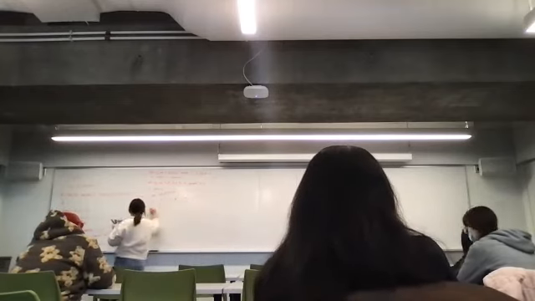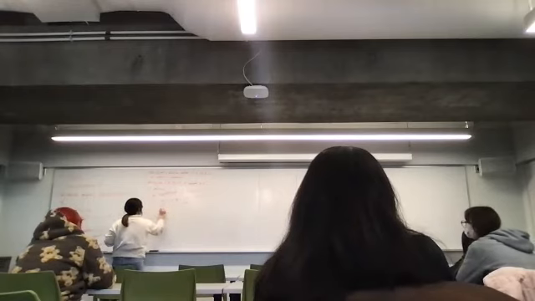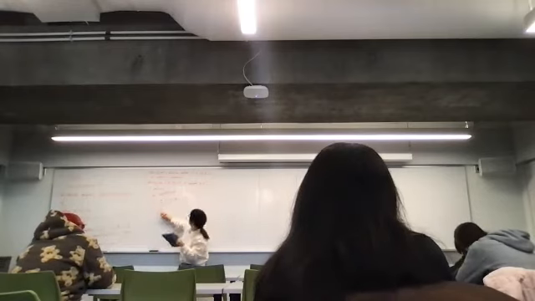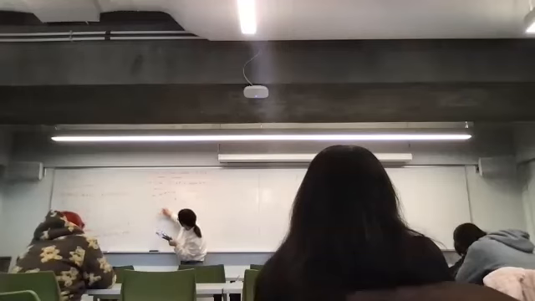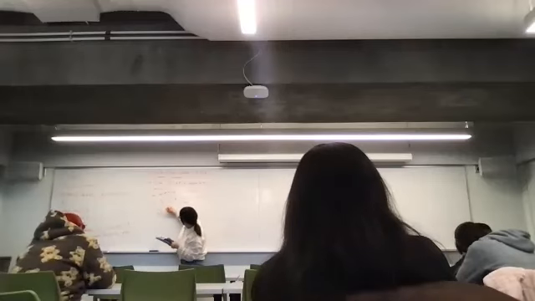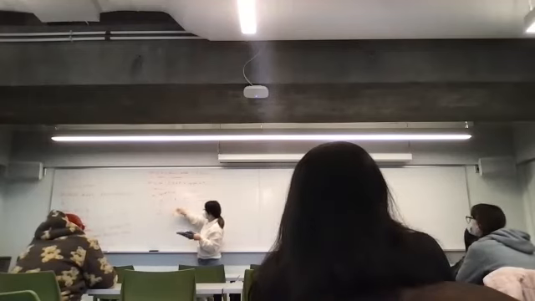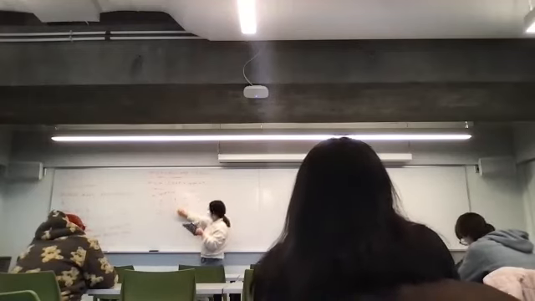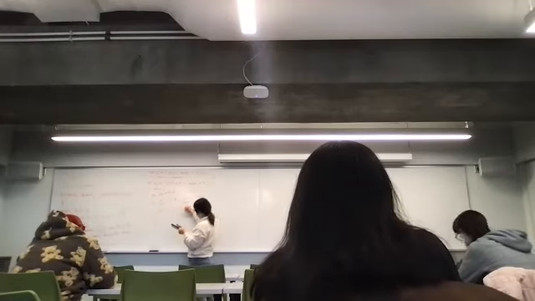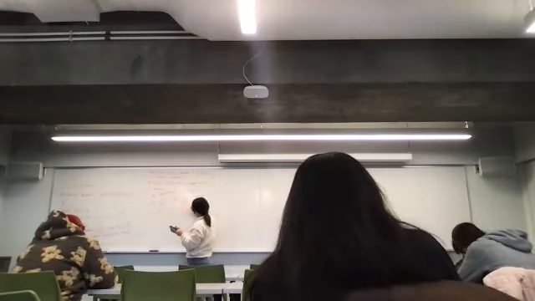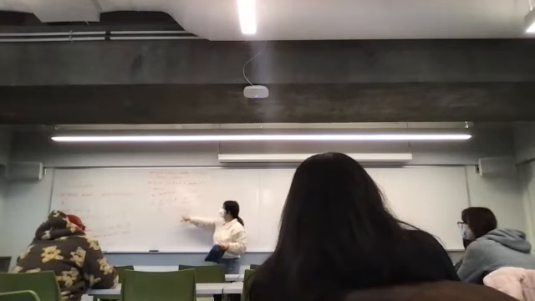Okay, next step, we're also going to say that the sum over j in P of xij is greater than or equal to 1 for all points i in P. What does this do?